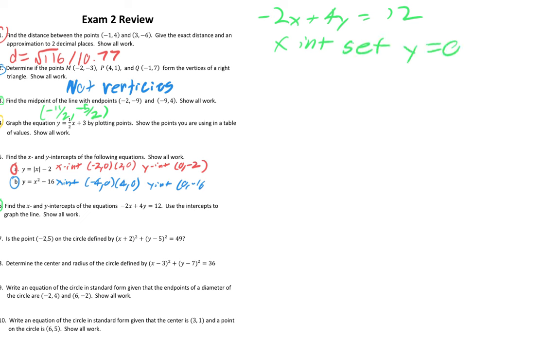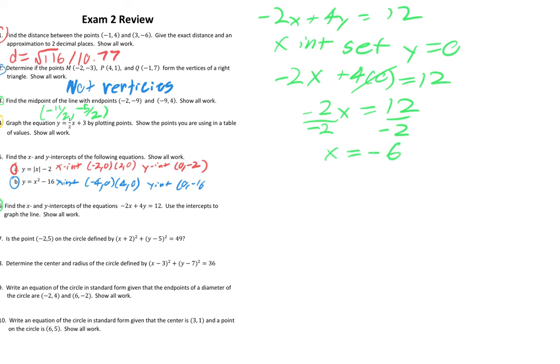So it's going to be negative 2 times x plus 4 times 0 is equal to 12. That 4 times 0 is going to go to 0. So we have negative 2x is equal to 12. So now we're going to divide both sides by negative 2 to solve for x. So our x-intercept is going to be at x is equal to negative 6. So the coordinate is going to be (-6, 0).